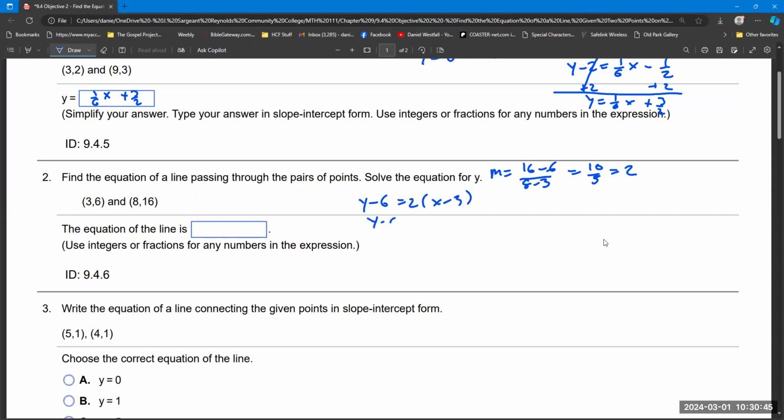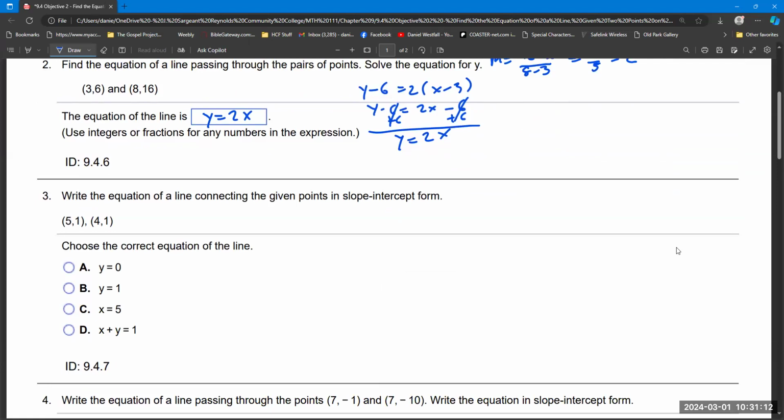Y minus 6 is equal to 2x minus 6. And when we add 6 to both sides, we get the equation y equals 2x. And that makes sense when we look at that, because 2 times 3 is 6 and 2 times 8 is 16.